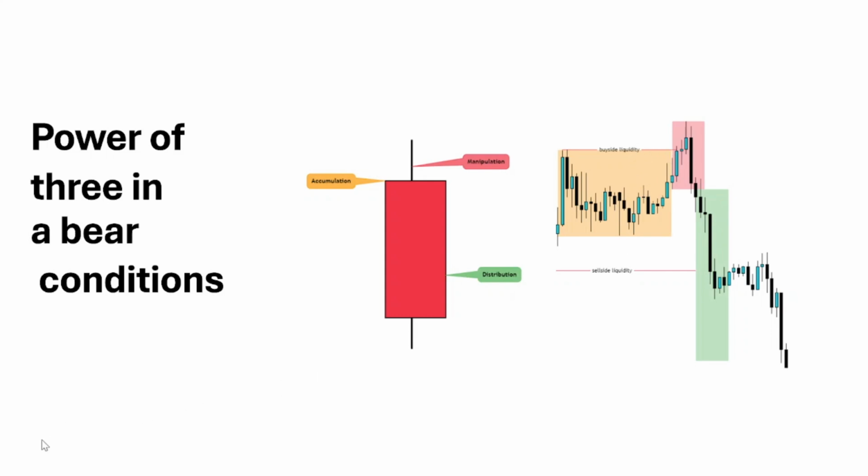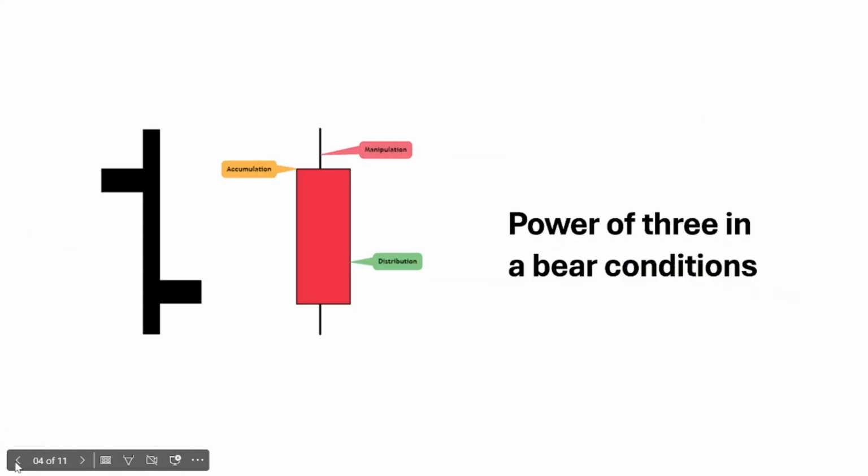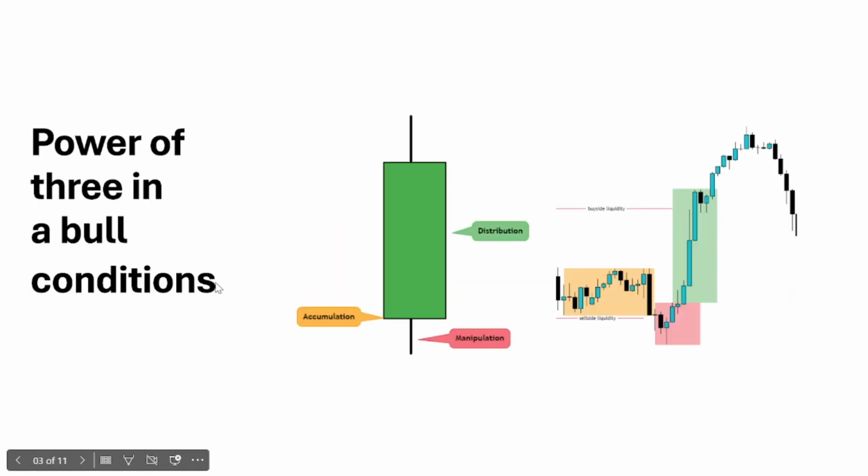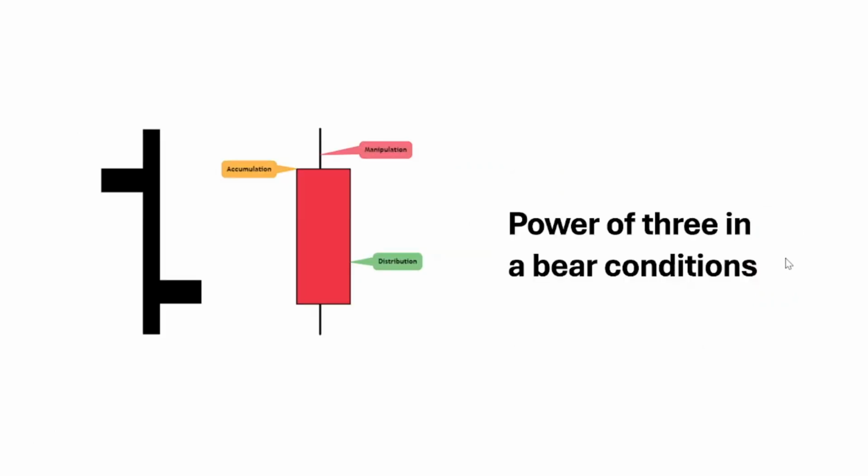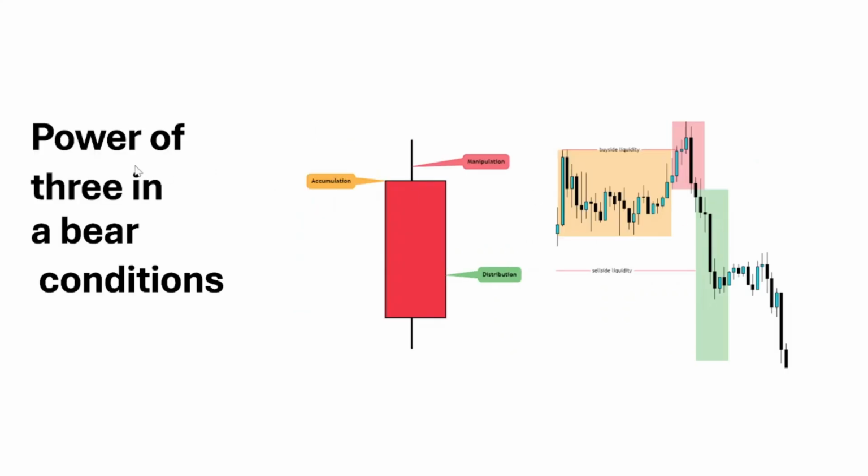If price were to lead to an up close candle, if you're identifying an up close candle, then you are looking for a power of three in a bull condition. But if price was indicating a down close candle, then you're looking for a power of three in a bear condition. So applying those three concepts, learning the premium and discount, first you mark out your premium and discount array.